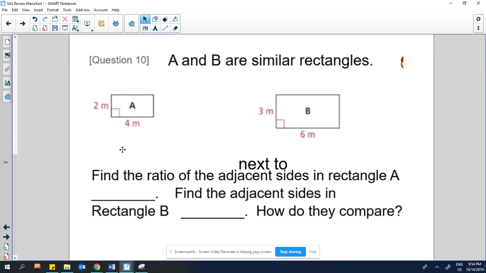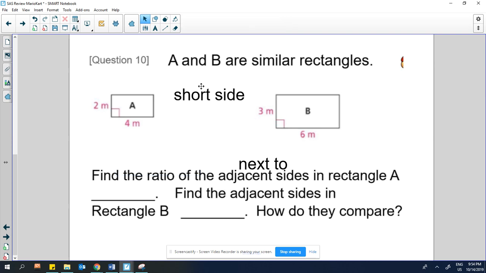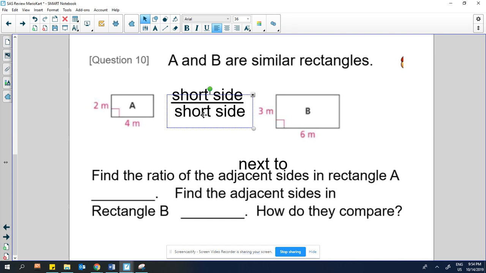And let's do short side to long side so that your answer matches my answer. Short side on top, and we will do that over the long side, just so that our answers match each other. You can really do either way.